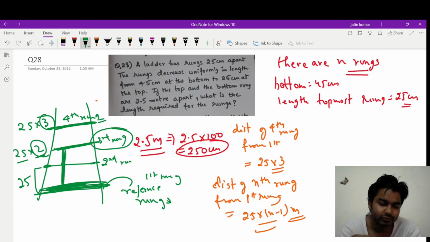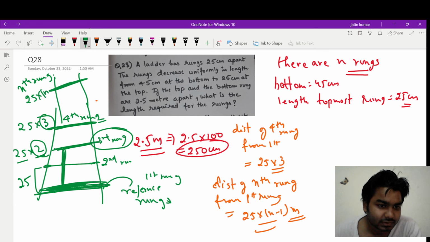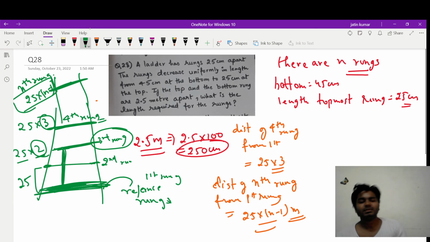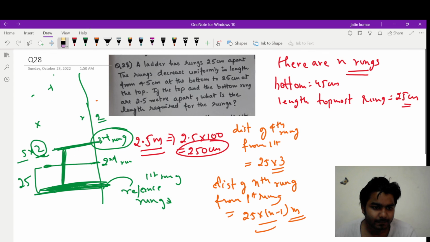So 25 plus 25 plus 25 is 75. But it is the fourth rung. So if the topmost rung is the nth rung, should I multiply it with 25 into n minus 1? Same thing. The overall distance is 25 into n minus 1 from the first rung, right? I hope now you have got it, right?